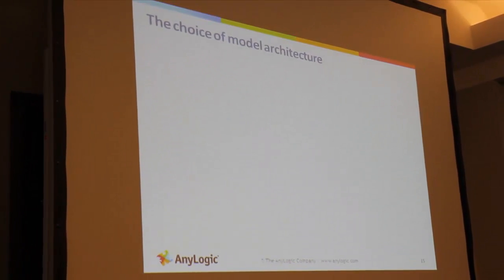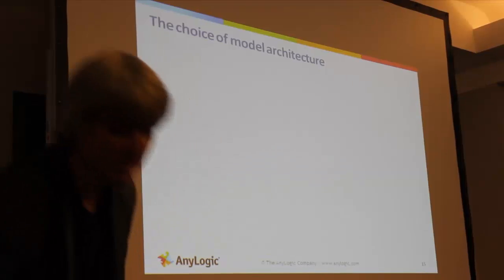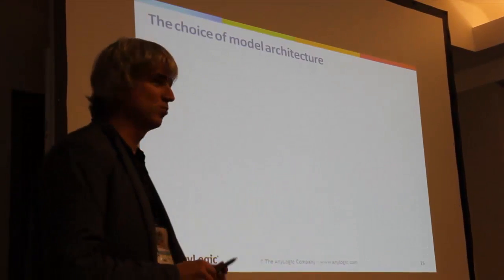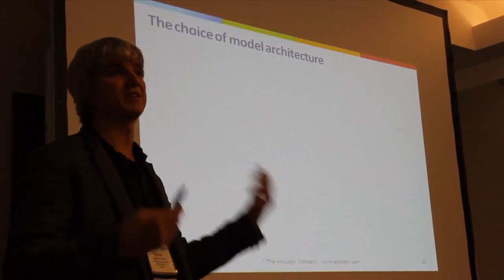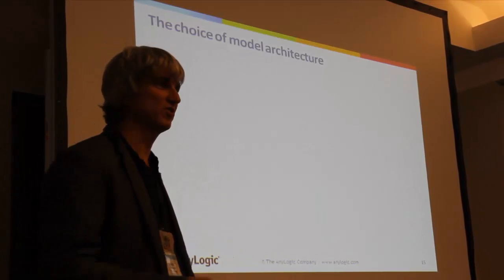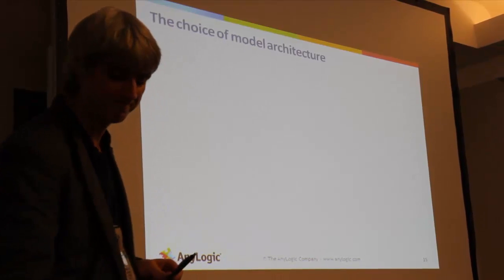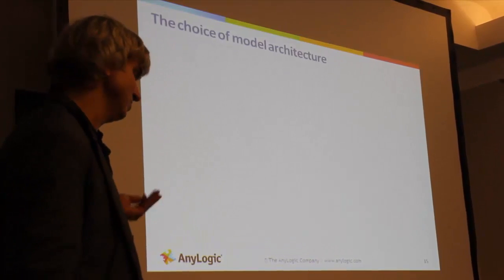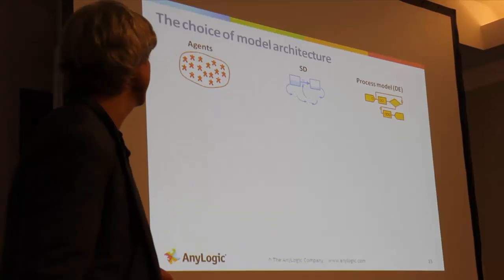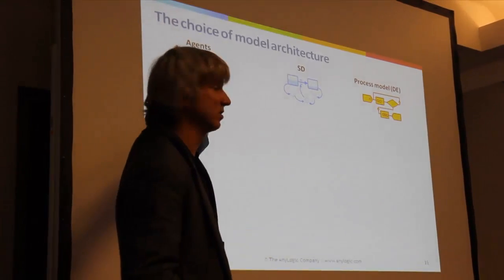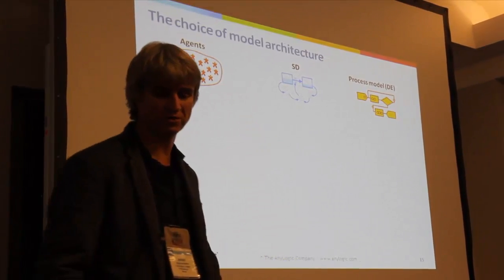The choice of model architecture. Well, the experienced modelers will immediately identify what kind of architecture fits that problem the best way. But the choices, all choices are, we can build pure agent-based model, pure SD or pure discrete-event model.